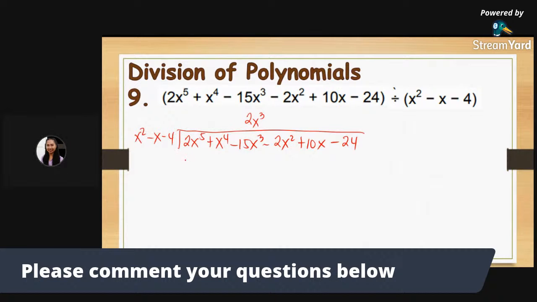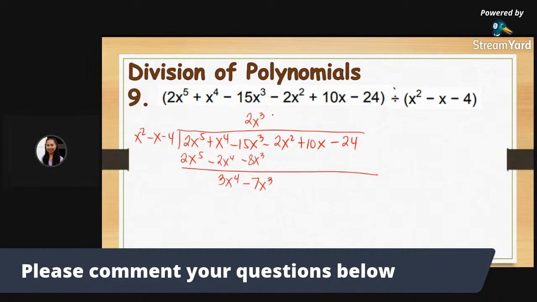Then we have 2x to the fifth. 2x cubed times negative x is negative 2x to the fourth. And 2 times negative 4, we get negative 8x cubed. So if we are going to subtract them, we can have 3x to the fourth minus 7x cubed. Then continue dividing.